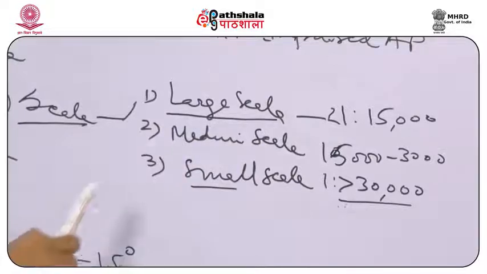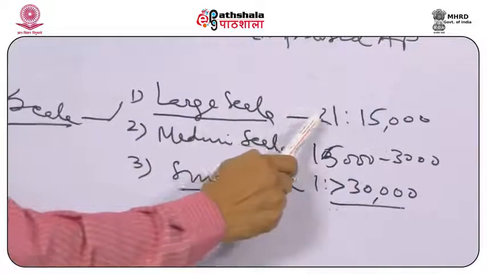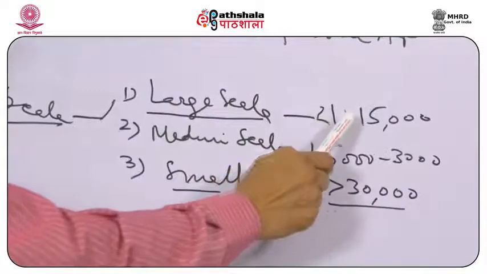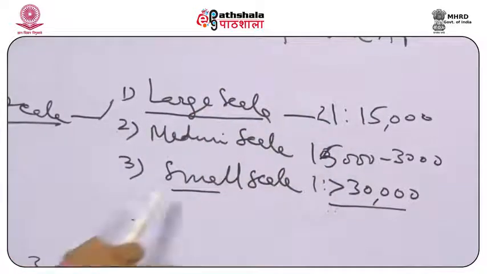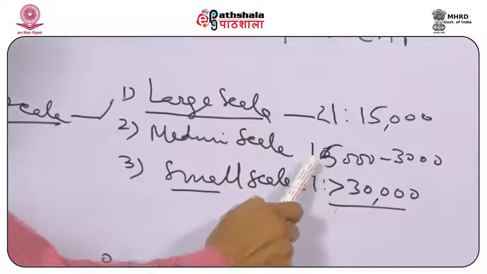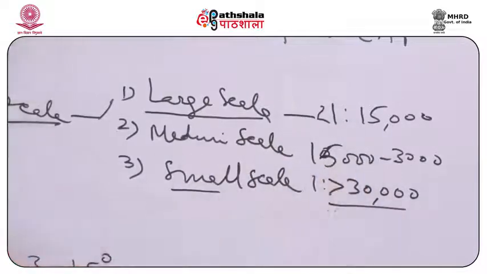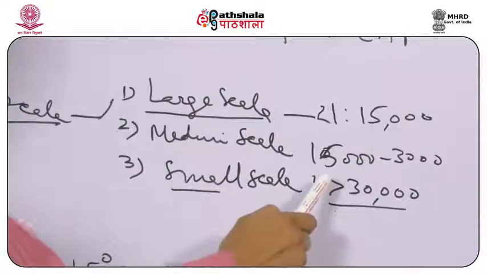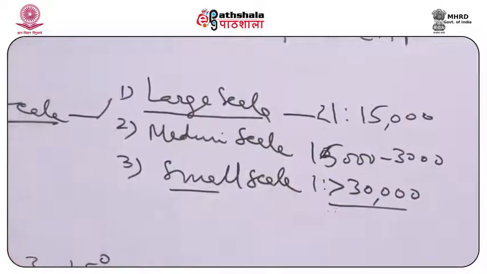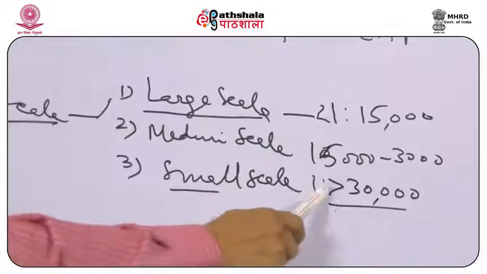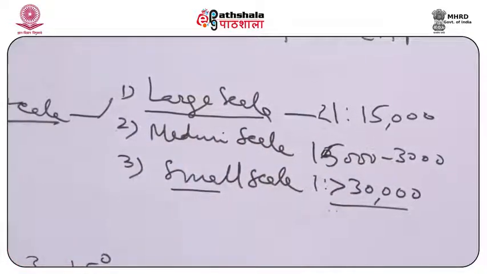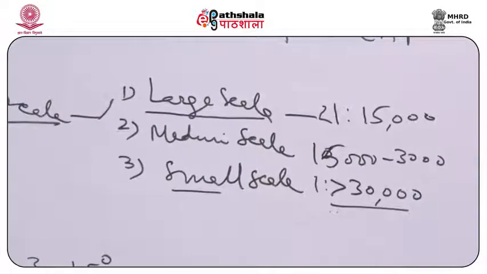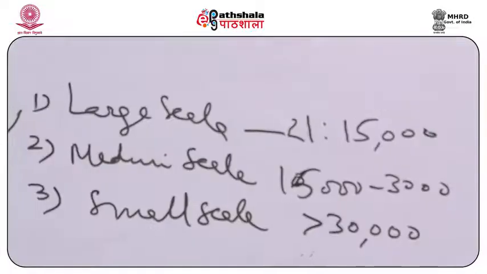If the scale is somewhere from 15,000 to 30,000, it is a medium scale photograph. If the scale is more than 30,000, then we call it a small scale aerial photograph. Sorry, the large scale is less than 15,000.